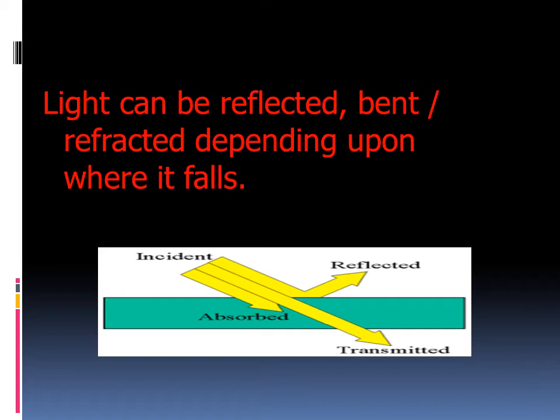When we put a light, what will happen? Some part of light is absorbed, some is transmitted and some is reflected. That means we can see the light. So we have an incident ray, reflected ray and the absorbed ray. We will talk about this in our further discussions.